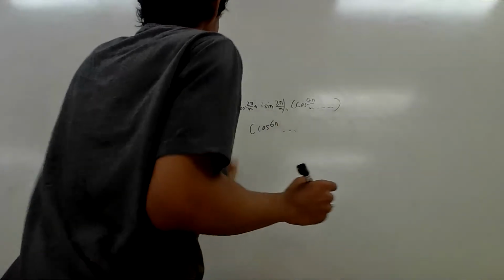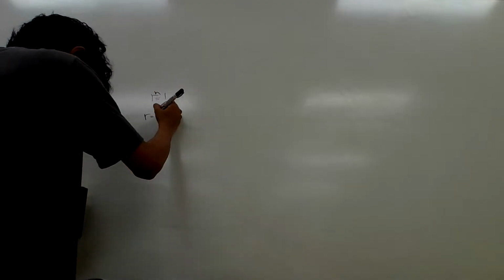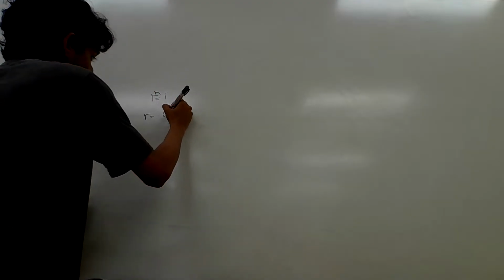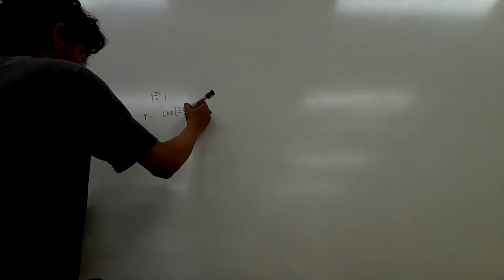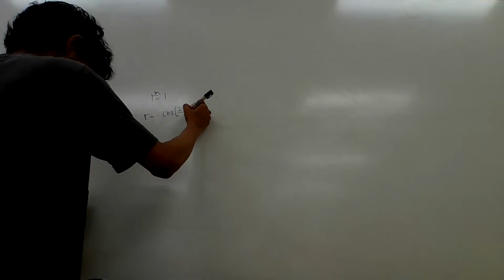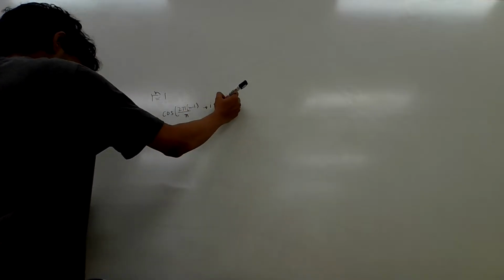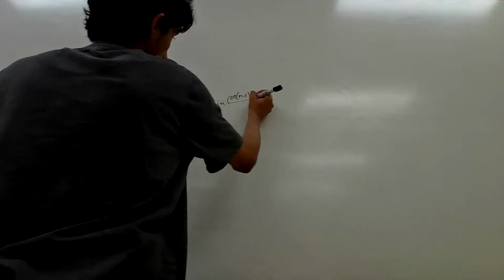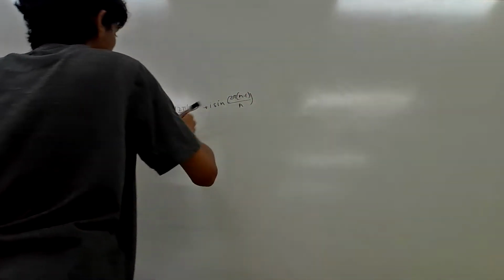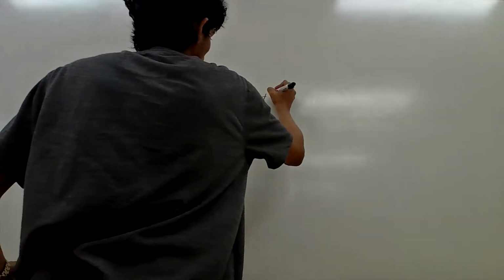I can generalize the nth roots of unity as r to the power n equals 1, so r has a generalized solution of cos 2 pi k by n plus iota sine 2 pi k by n.